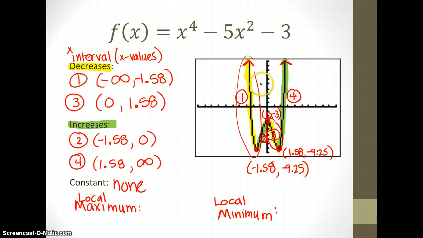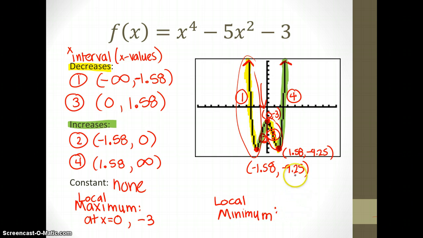If you notice, though, this point 0, negative 3, this one peak we have in the middle, is that the highest point overall in our graph? No, but it is a peak, and so we consider it to be a local maximum value right around there. So we do have a local maximum at x equals 0 of negative 3.